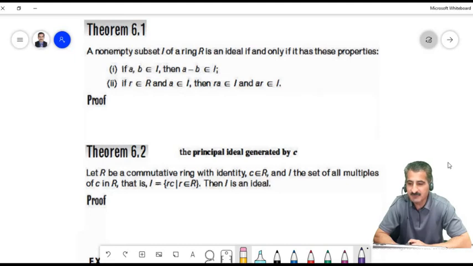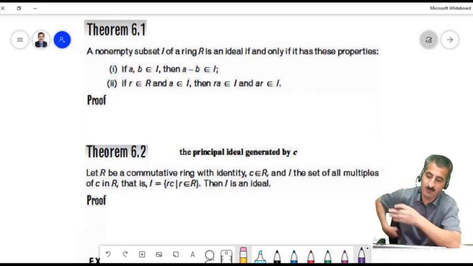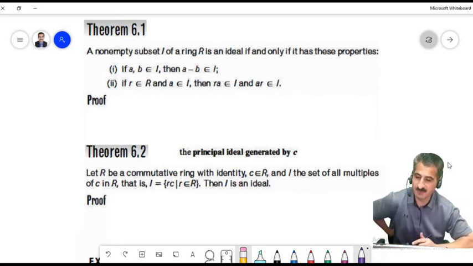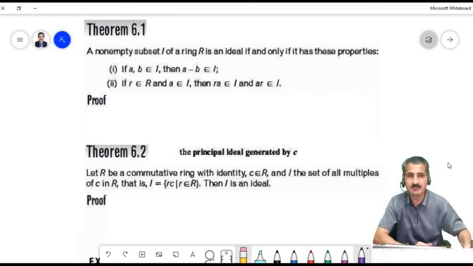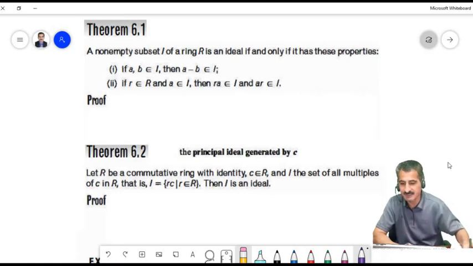But actually all of these are collected in one theorem, in two axioms as following. So we will adopt the axioms in this theorem to show that a given subset is an ideal.